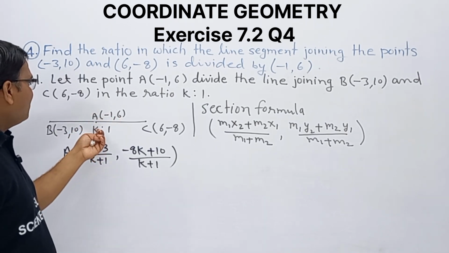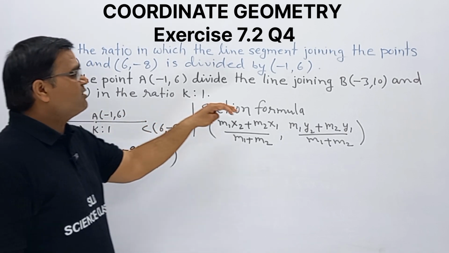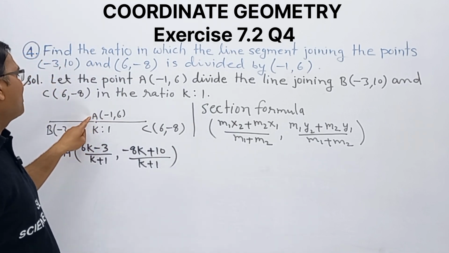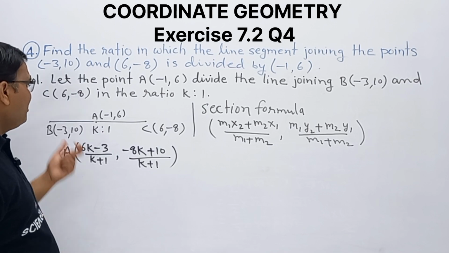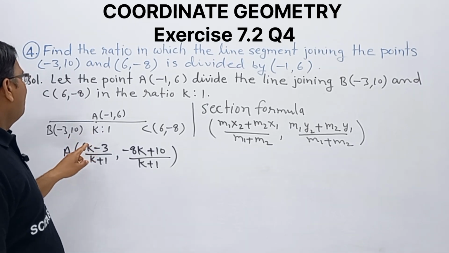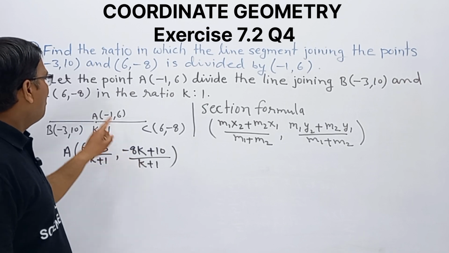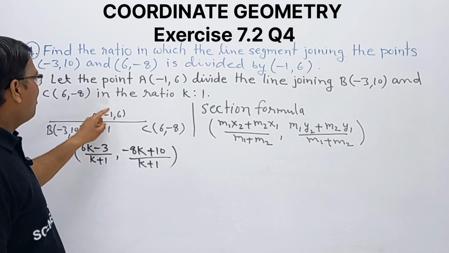Once we have the ratio, line segment and points, we use the section formula. Then we can find the coordinates of the dividing point. Already in the question we have point A, so we compare both.